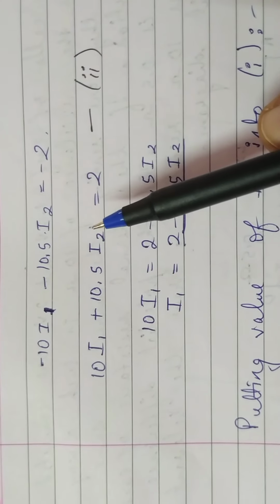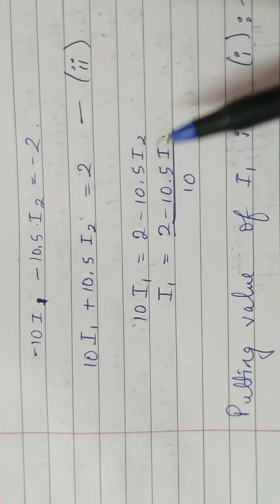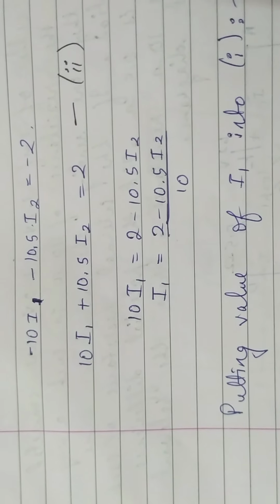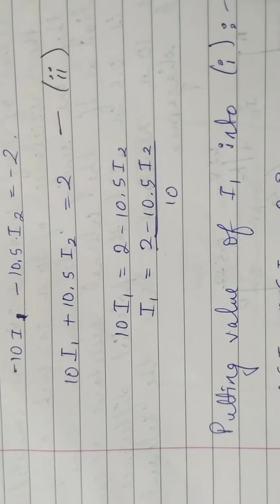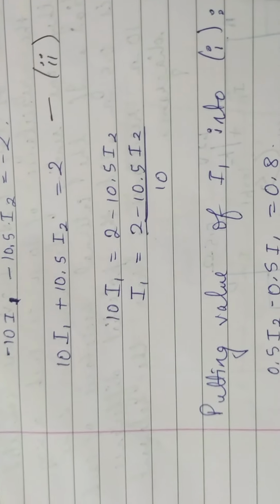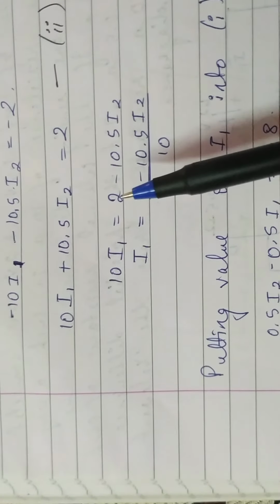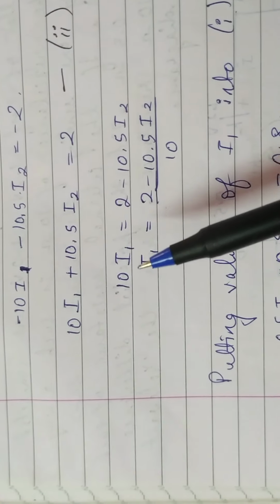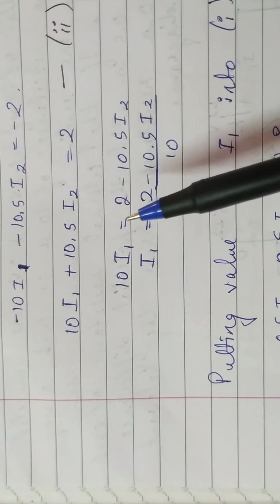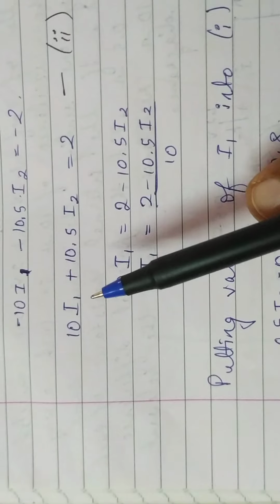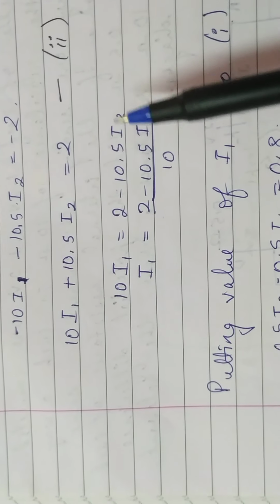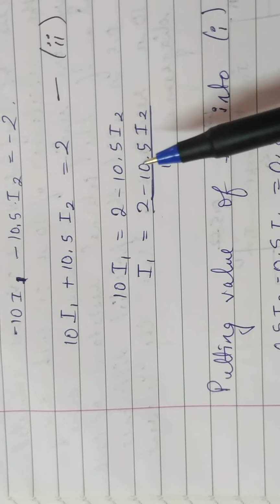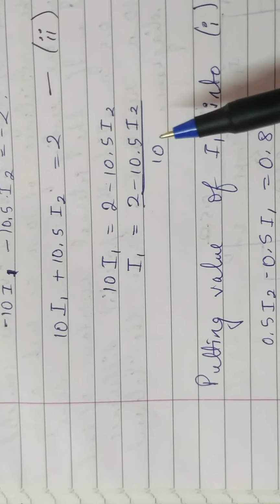Now we have two equations and two unknowns, I1 and I2. With the help of equation 2, we can substitute the value of I1 in equation number 1. Equation 2 can be written as 10 I1 equals 2 minus 10.5 I2, or I1 equals (2 minus 10.5 I2) divided by 10.